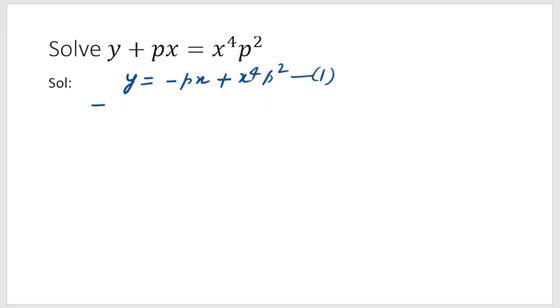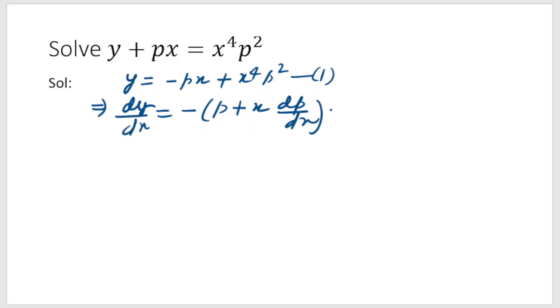Now I will differentiate both sides, so I will get dy by dx is equal to minus p plus x dp by dx, right? And here we have x to the power 4 into 2p dp by dx plus p square, and x to the power 4 will give me 4x cube.